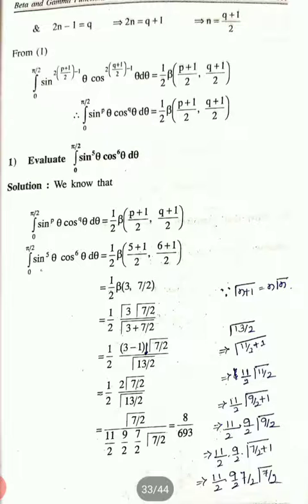You have to use that formula. See here, gamma 3 is an integer, so apply (n minus 1) factorial, that is 3 minus 1 factorial, and gamma 7 by 2 as it is divided by gamma 13 by 2. 3 minus 1 is 2, 2 factorial is 2. The 2 gets cancelled, remaining is gamma 7 by 2 over gamma 13 by 2.